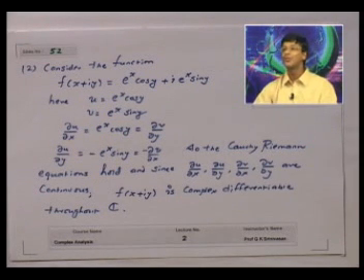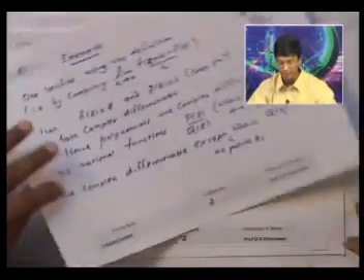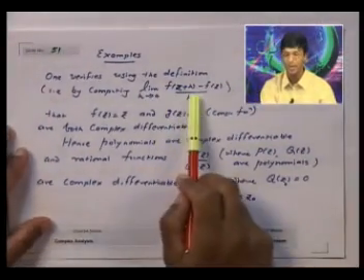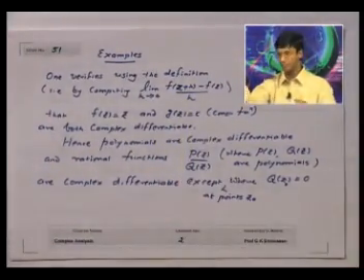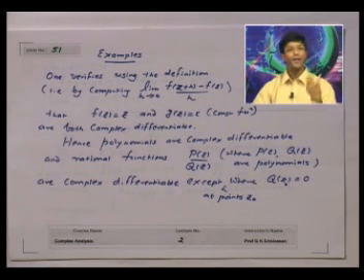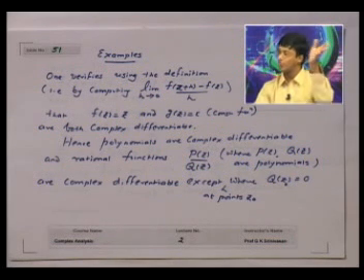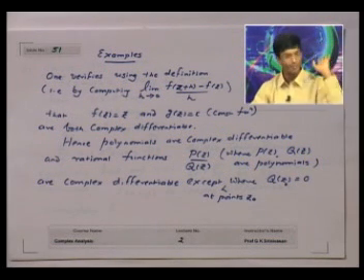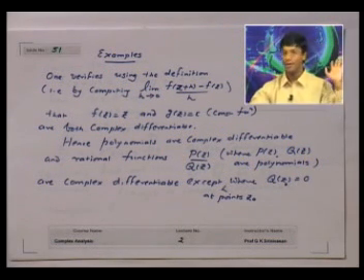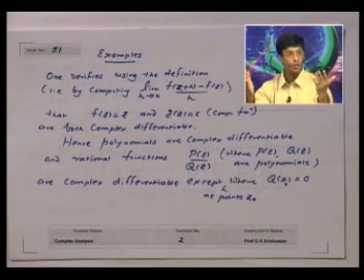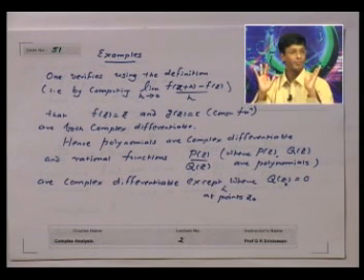Suppose a student asks you this, how do I know? You claim that using the definition and the rules of calculus, I have that f(z) equal to z is complex differentiable, constants are complex differentiable, polynomials are complex differentiable, rational functions are complex differentiable. We are very happy. We have a nice, rich class of complex differentiable functions.